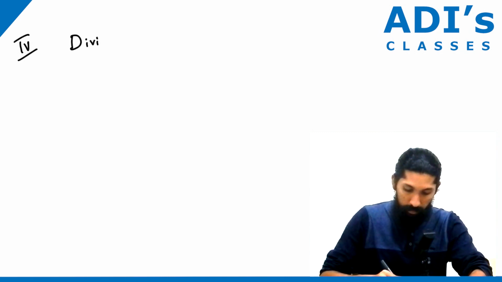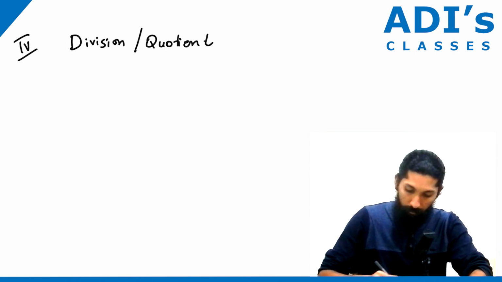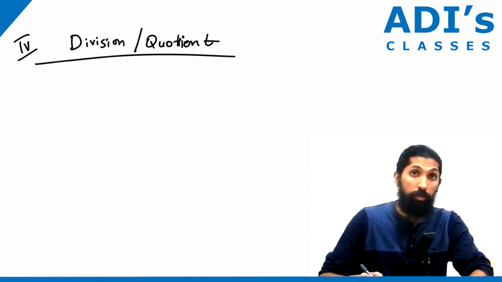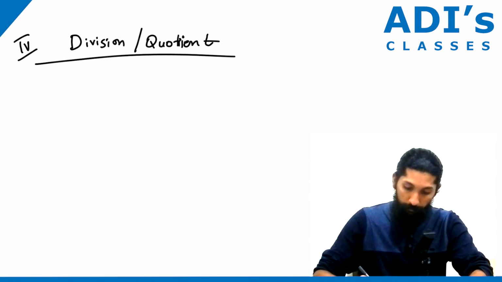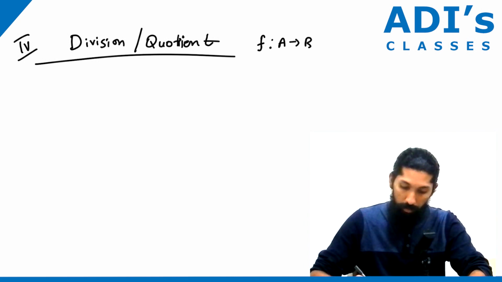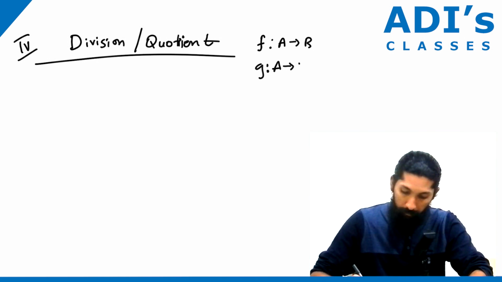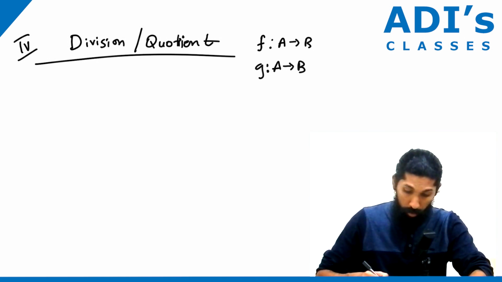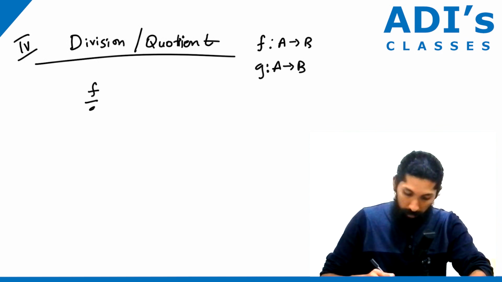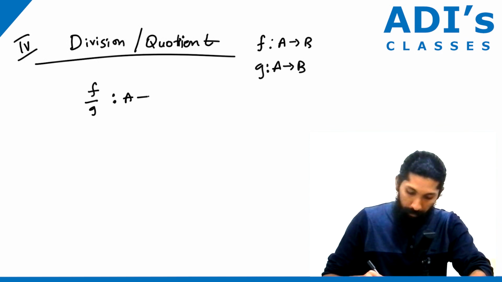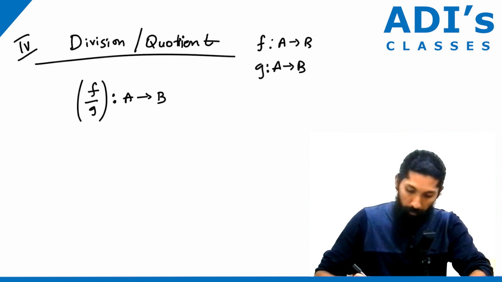In division, whenever we talk about division or quotient, we have f from A to B, and g also from A to B. The quotient f by g is also from A to B, provided g is not equal to 0.